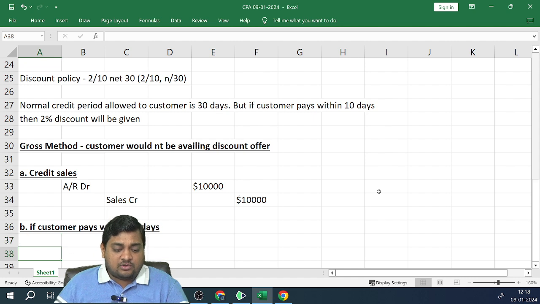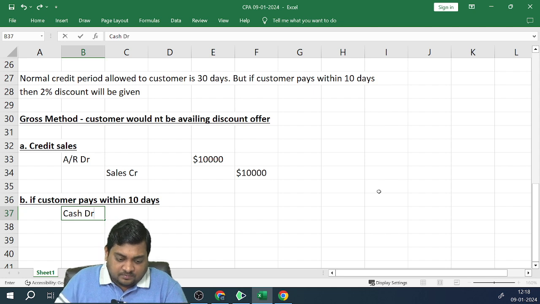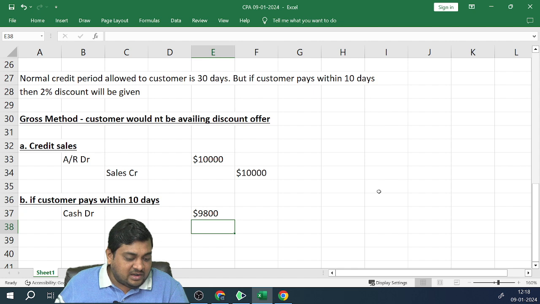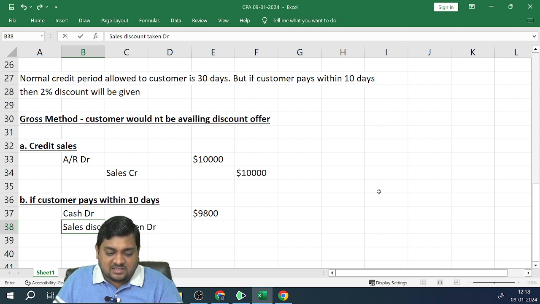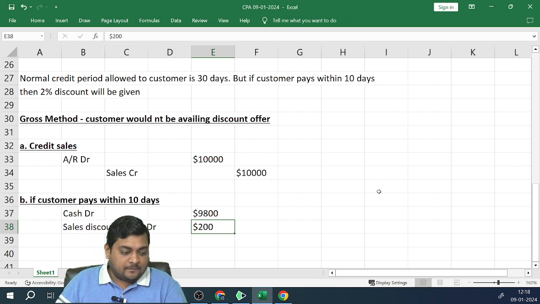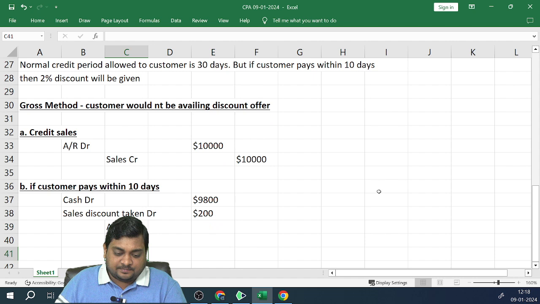We haven't shown the discount, right? So in that case, we would be receiving cash after the 2% discount, that is $9,800, right? So we will write sales discount taken debit, that is cash discount, right? And then we will write accounts receivable credit $10,000.